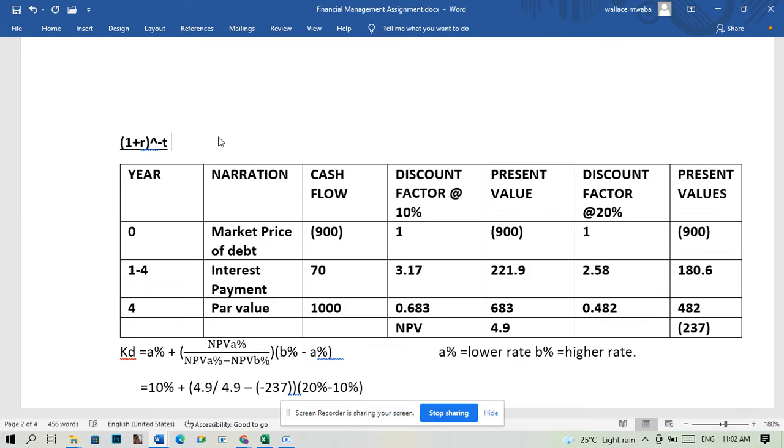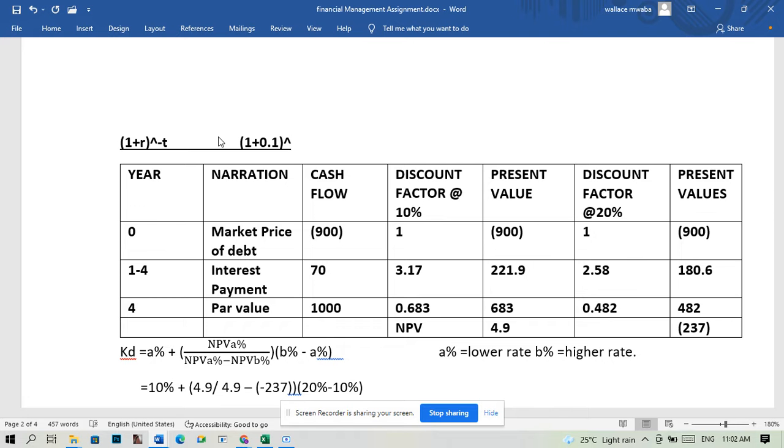So it's going to be 1 plus 10%, which is the same as 0.1, just divide 10 by 100. Then you set it to the power negative t.